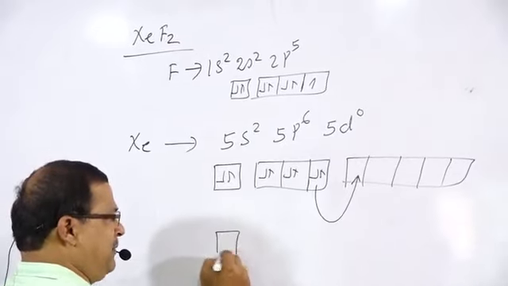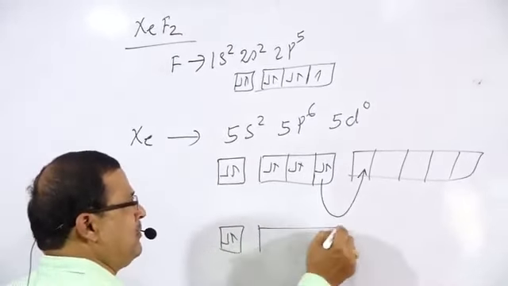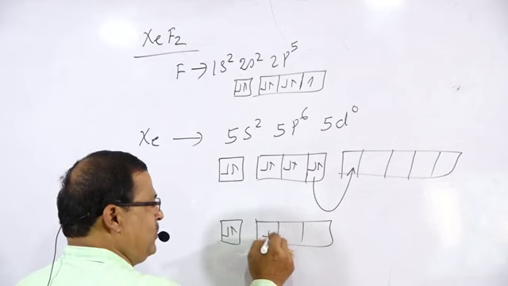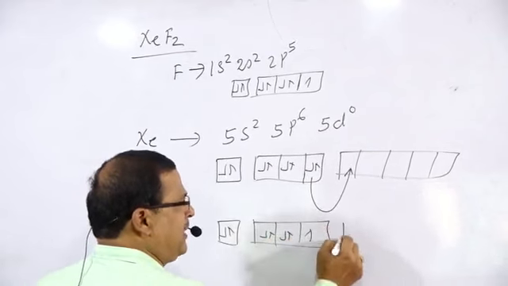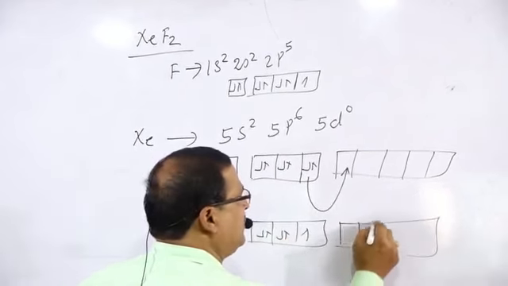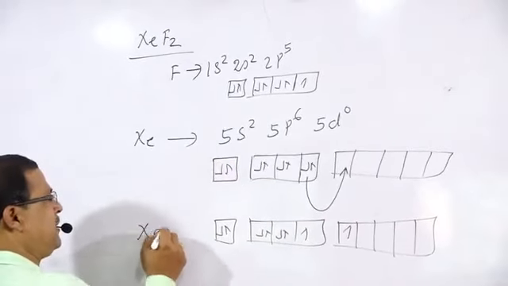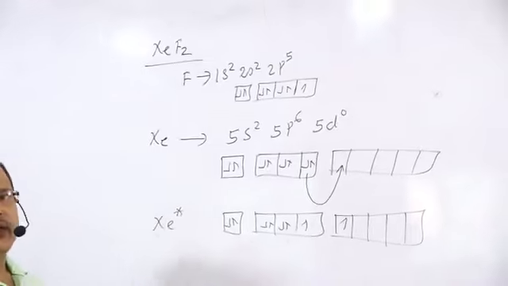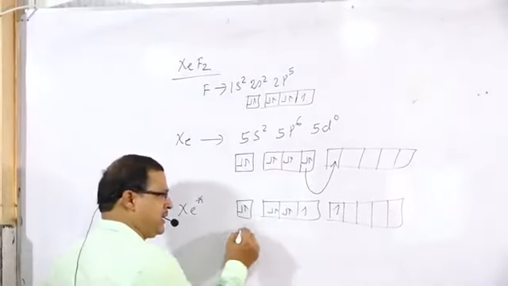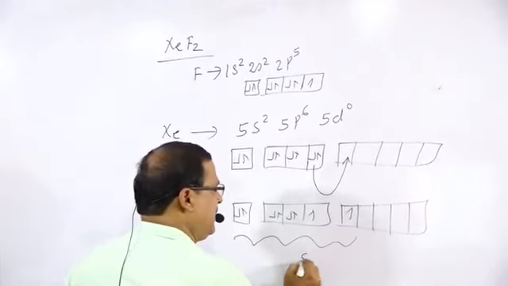So 5s2, 5p with 2 pairs and 1 unpaired electron, and 1 electron promoted to the vacant d orbital. This is the xenon atom in the excited state. So the nature of hybridization is sp3d.